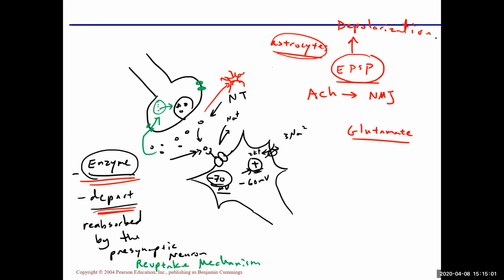All right, now let's go ahead and take a look at inhibitory neurotransmitters, IPSP. Two good examples of that are the neurotransmitters GABA and glycine. So they cause, instead of depolarization, can you guess what it causes in terms of your resting potential?